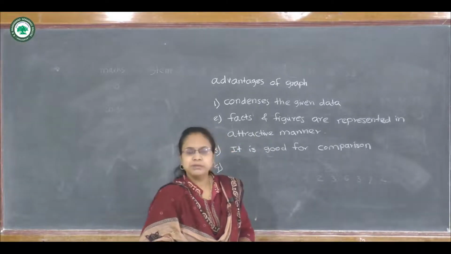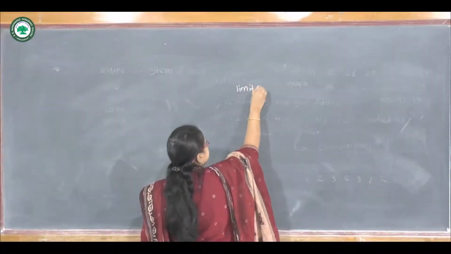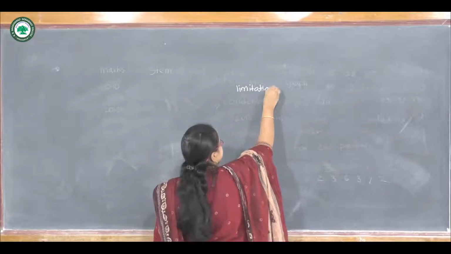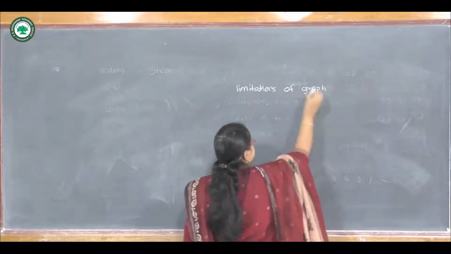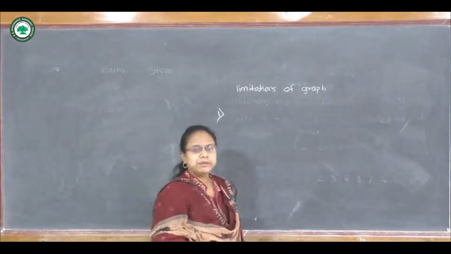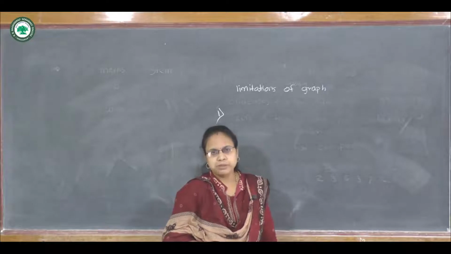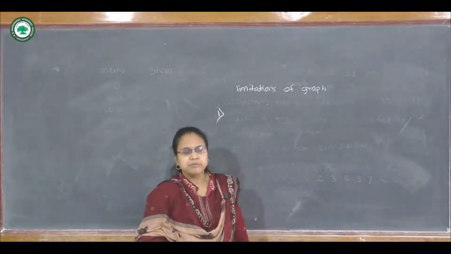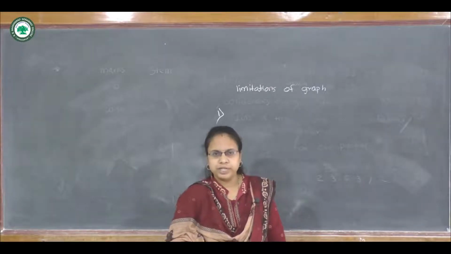Then we will see some limitations of graph. The first limitation is we have only an approximate idea about the data, but in the table we get the actual values of data.